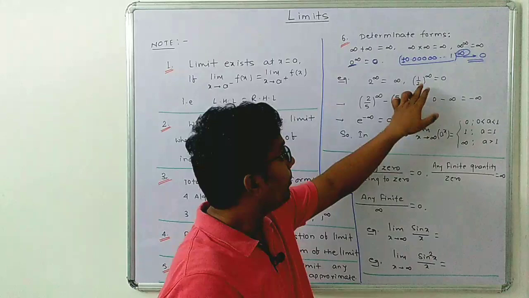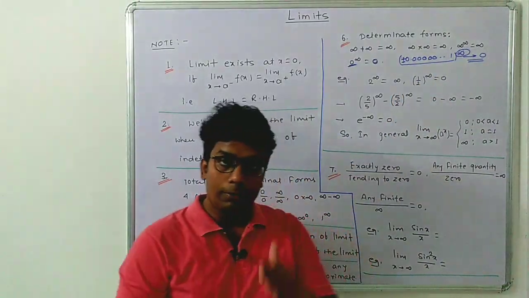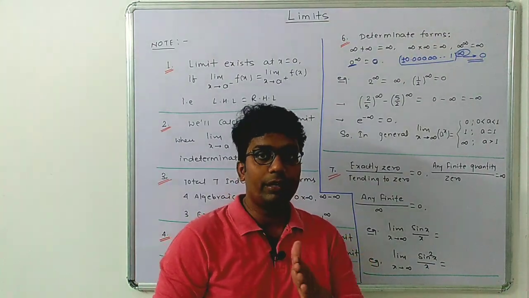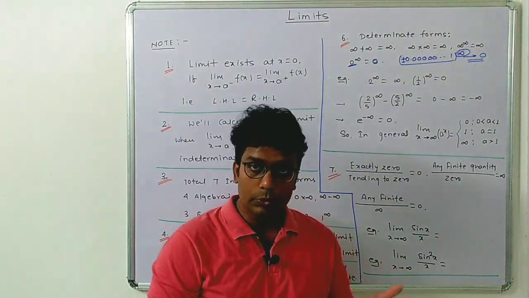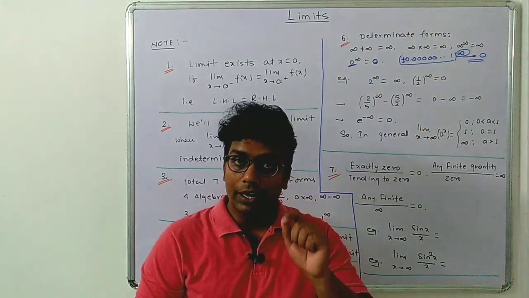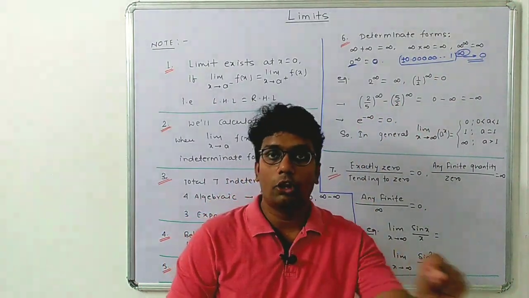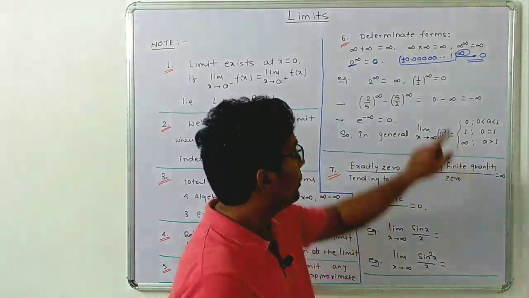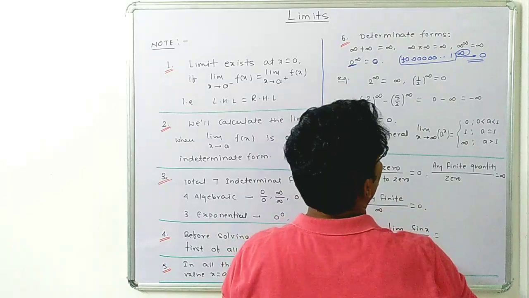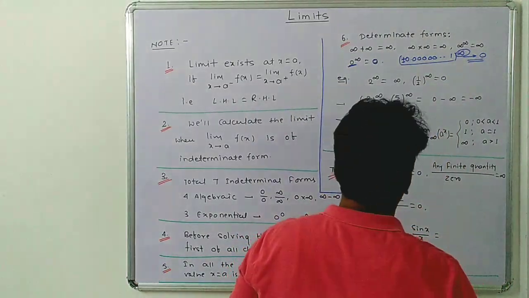And 1 by 2 raised to infinity: the number here is less than 1, a number between 0 and 1. When the base is between 0 and 1 and we increase the exponent, it always tends to 0. So it will give you 0 at infinity.